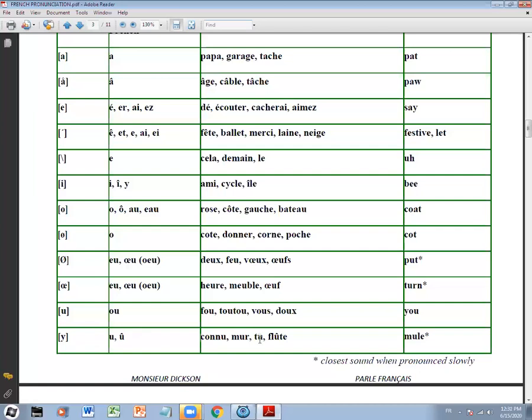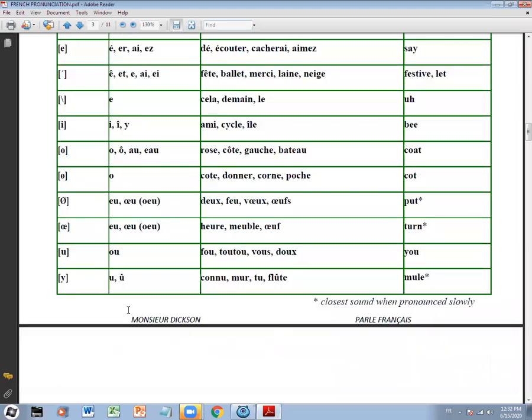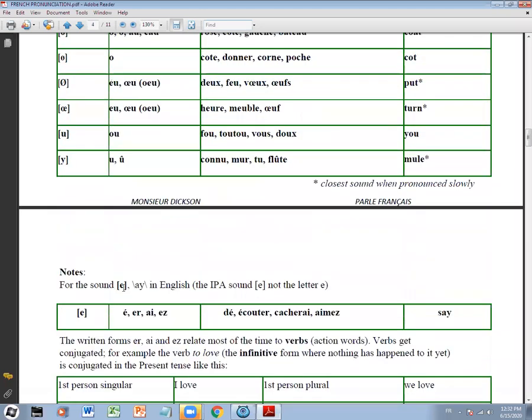In fact, remember we are going to learn the nasal sounds and also the pronouns. Then we say flute. I've said connu, mur, tu, flute. Now note the sound e.